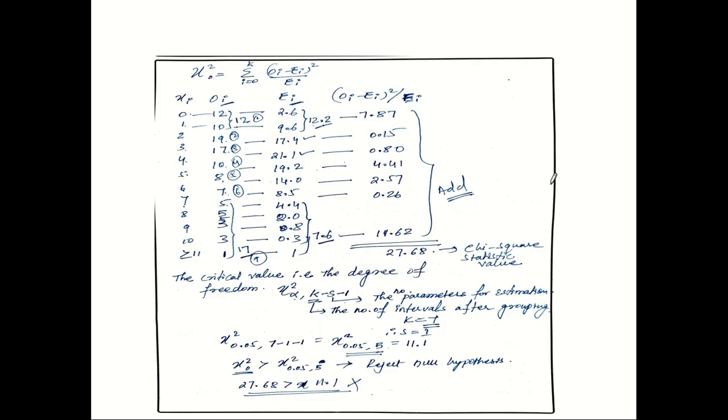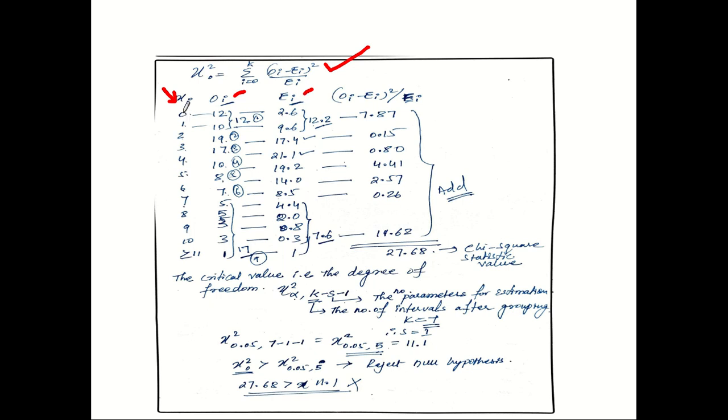In the last step, we use the chi-square statistical computation equation for finding the chi-square statistic value. The equation is summation i equal to 0 to k of (Oi minus Ei) whole square divided by Ei. Here xi is the class interval, Oi is the observed value, and Ei is the expected value in each class interval, right.